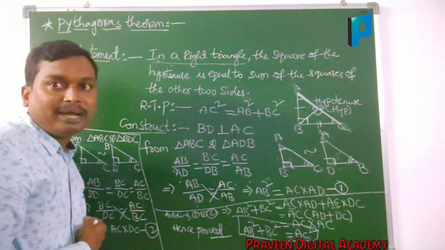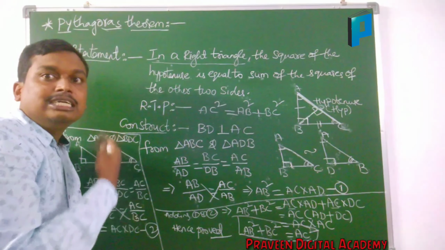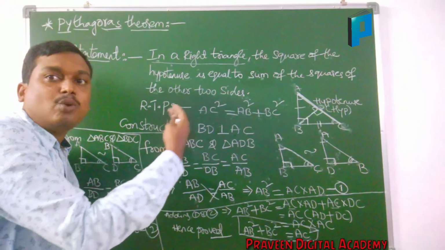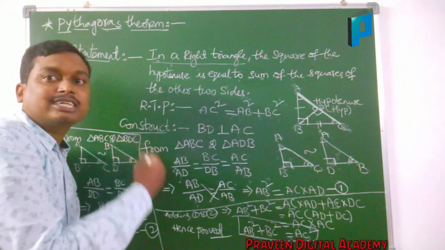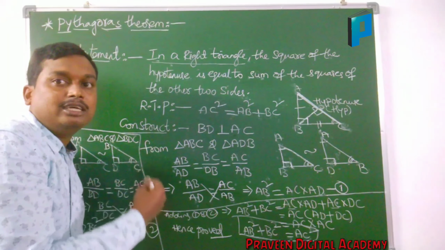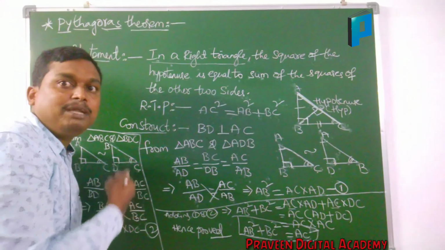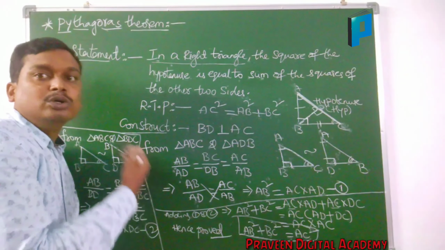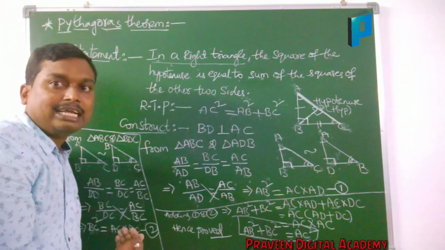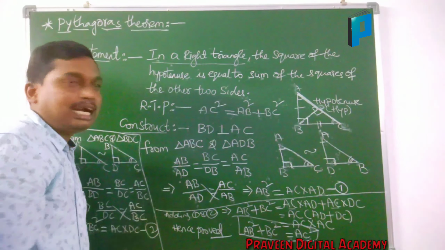And the statement of the Pythagoras theorem is, in a right triangle, the square of the hypotenuse is equal to the sum of the squares of the other two sides. Simply the use of the Pythagoras theorem is, when you know the two sides of a right triangle, we can find out the third side.